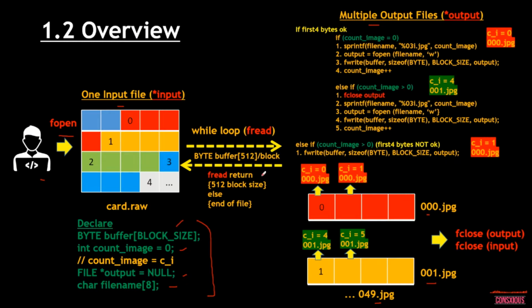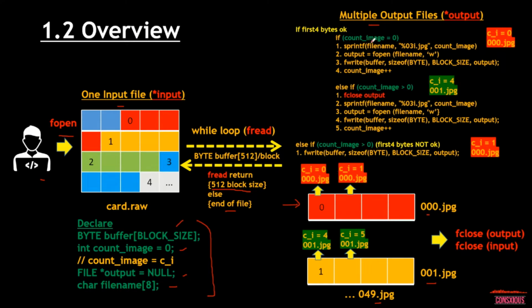If we reach the end of the file, fread will return a number less than 512. Normally it just returns 512 because each block is 512 bytes. Anything other than 512 means end of file. From here, we can check whether, for example, the first 4 bytes match the JPEG format.